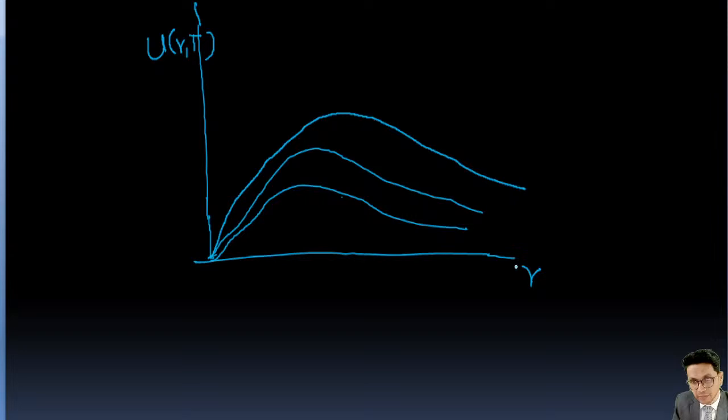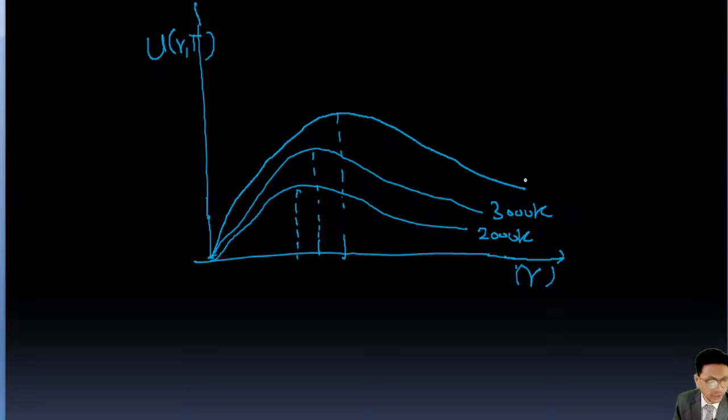We have plotted the graph at different temperatures: this is at 2000 Kelvin, this is at 3000 Kelvin, and this is at 4000 Kelvin.